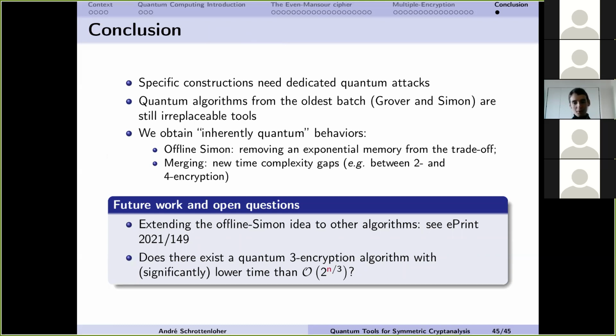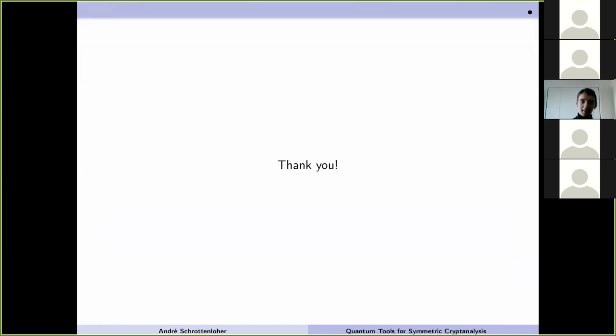I would like to mention also an interesting open question, of which I have absolutely no idea of the answer: whether there would be a quantum 3-key encryption algorithm with a complexity better than the time that you get with double encryption. It would be 2 to the power 3. I don't know, that would be an interesting thing to have a look at. And with that, I thank you for your attention.